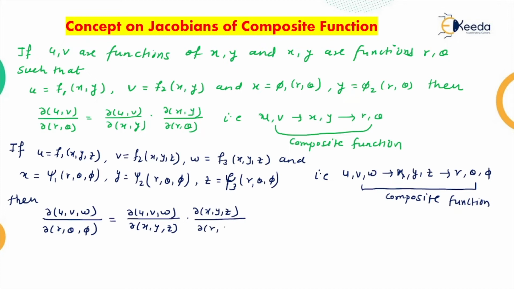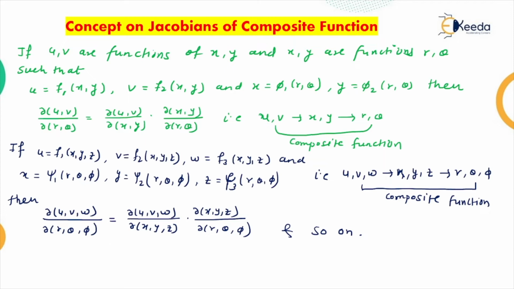So for two functions we can define a composite function, and for three functions we can also define a composite function, and so on. If you have two or more, or three or more functions, you apply the same thing. So this is the concept of the Jacobian of a composite function. I hope you understand this very well.